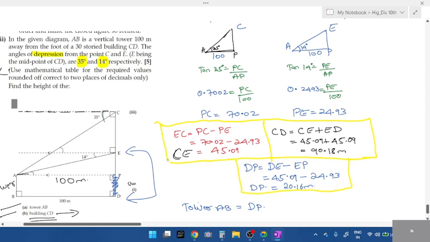So all these are different calculations, three different calculations. Tower AB is 20.16 meters.